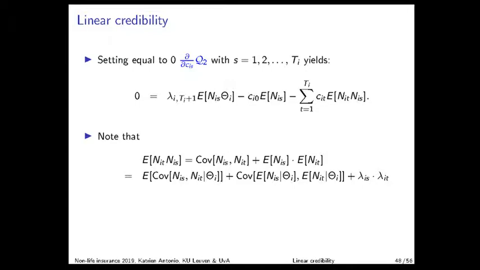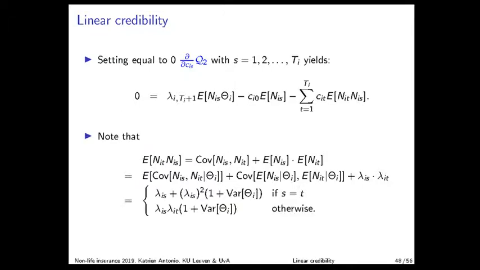And we use here the expression for the total covariance. In the third equality, a distinction is made between the case where s equals t and the case where s is different from t. In the former setting, the covariance between N_is and N_it given theta i reduces to the variance of N_is given theta i. That is lambda_is times theta i.